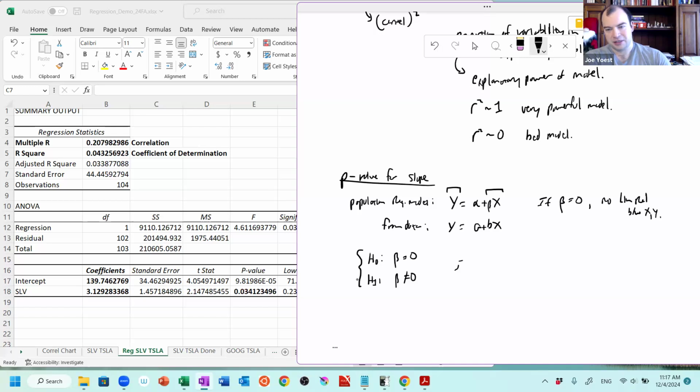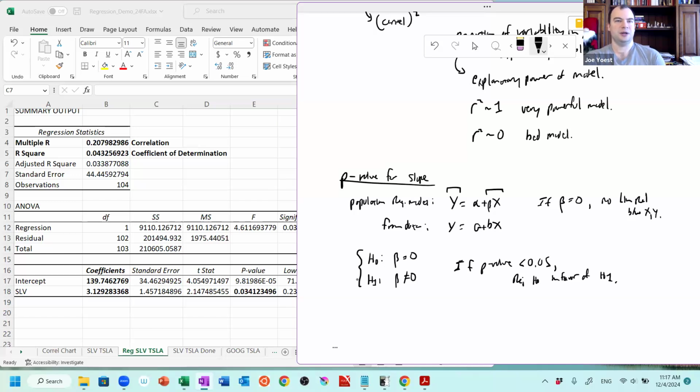And I might say something like, I run my hypothesis, and if the p-value is less than 0.05 or 0.01 or something, then reject H naught in favor of H1.